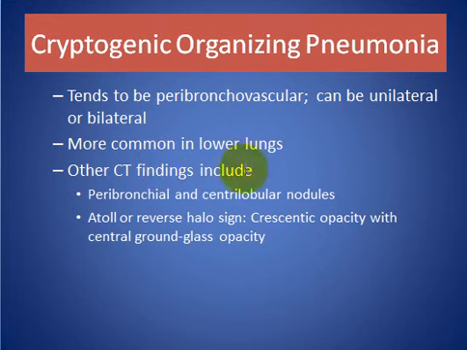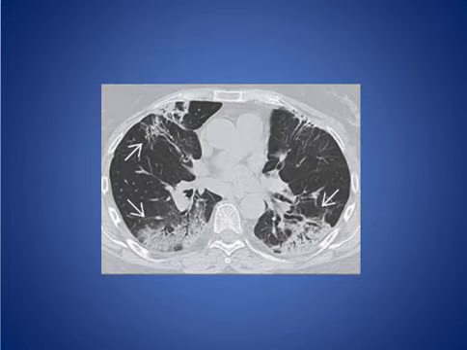Other CT findings include peribronchial centrilobular nodule, atoll sign or reverse halo sign. There is a concentric opacity with central ground glass opacity. The periphery of that central ground glass opacity is consolidation. And they said it is characteristic for this disease.